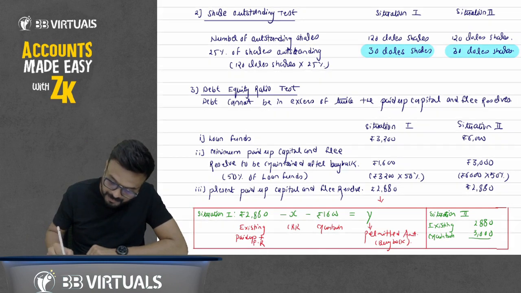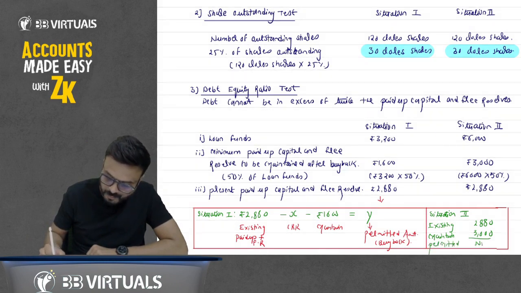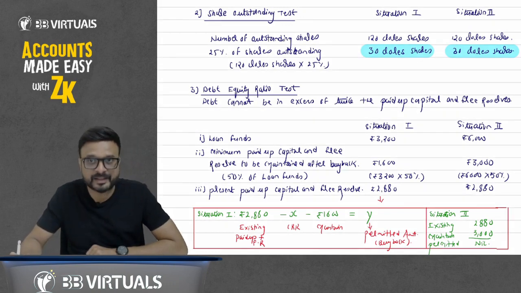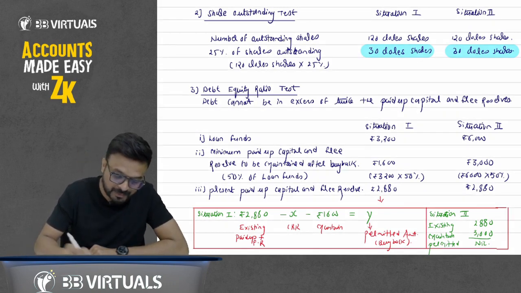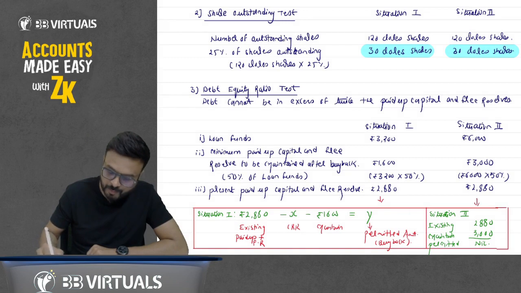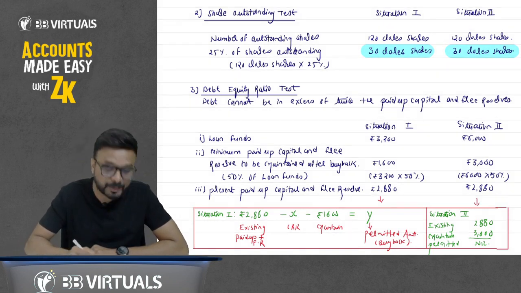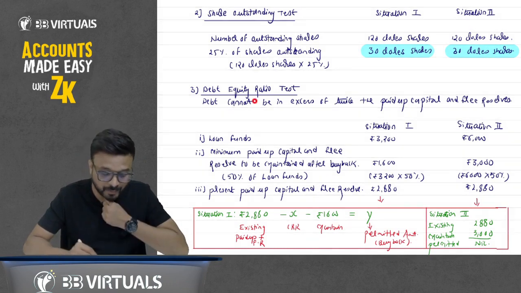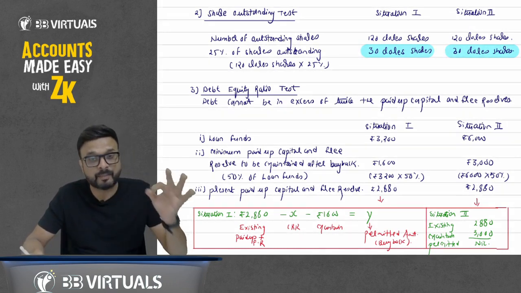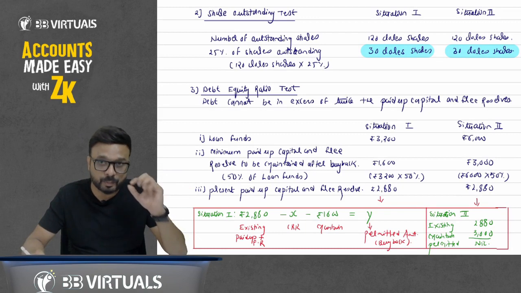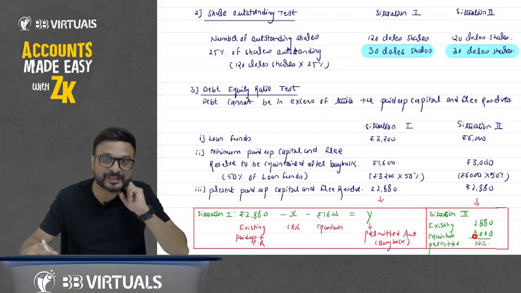That's why the permitted amount here is 0. What does it mean? If the permitted amount is 0, it means they cannot do buyback under situation 2, because the debt equity ratio says that the maximum number of shares they can buy back is 0.